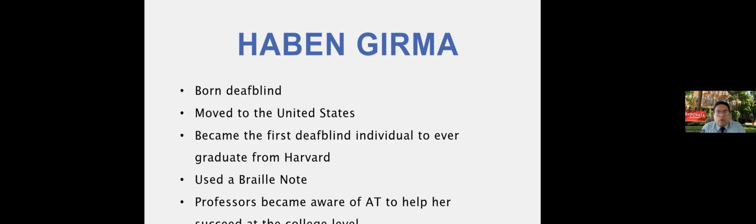Therefore, she's really a success case that shows that when university professors are aware of assistive technologies, and programs and curriculums are created to be more accessible, perceivable, operable, understandable, and robust, students with disabilities can actually succeed at the college level.